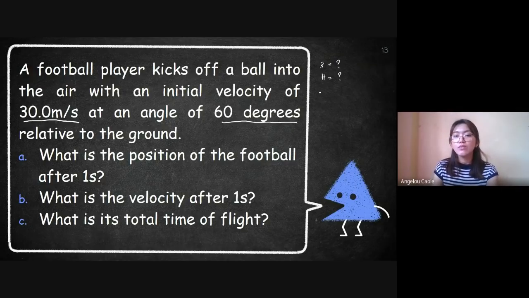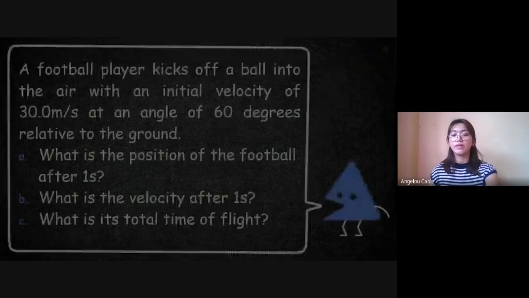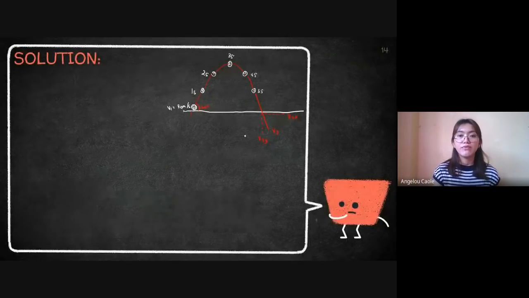So we have the V_fx and the V_fy after 1 second. And lastly, we have to calculate its total time. All in all, we have to calculate 5 unknown quantities. Here we have the illustration, so we are going to calculate the position, the velocity, and the time of flight of this projectile.